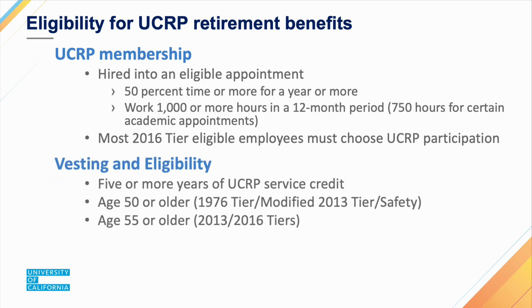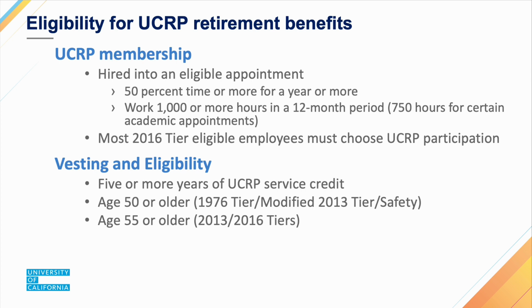Now, regardless of when you became a UCRP member, you become vested and are eligible for a lifetime monthly retirement income once you earn 5 years or more of service credit as a UC retirement plan member. If you're a safety member or a member of the 1976 or modified 2013 tiers, you may retire and receive UCRP benefits at any time beginning at age 50 if you're vested.